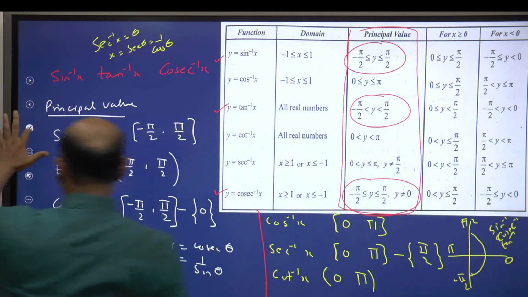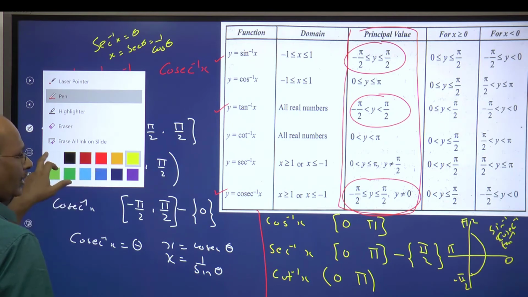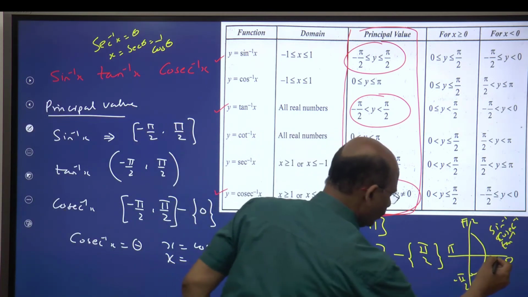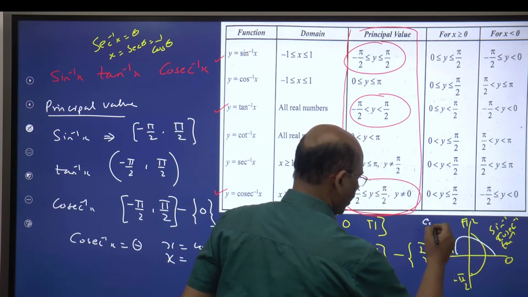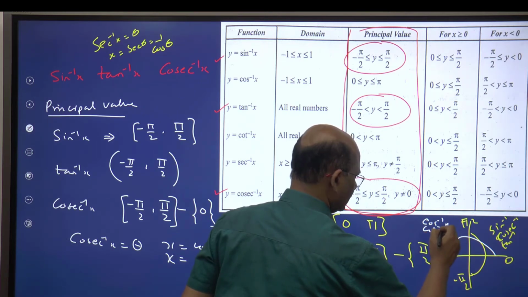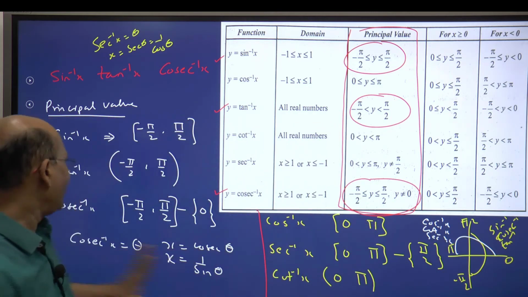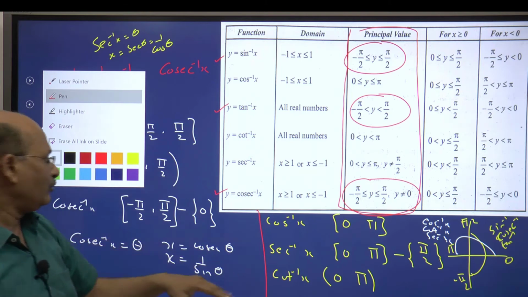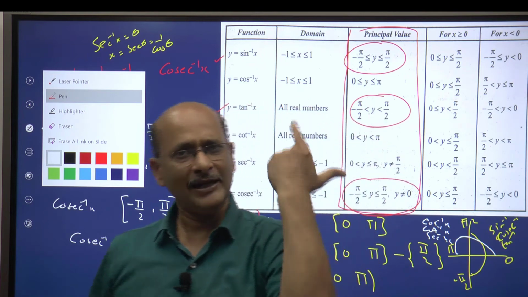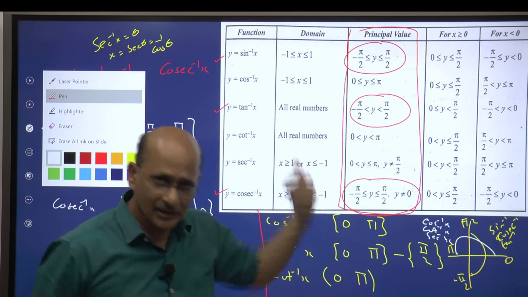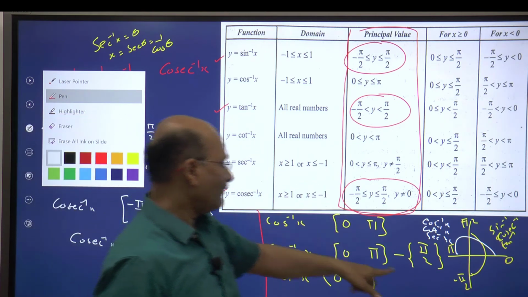And if you look at the other side, 0 to pi, it is nothing but cos inverse, cot inverse and sec inverse. This is just for your understanding, I don't want you to learn that part. What I am trying to tell you is minus pi by 2 to pi by 2 happens for sine inverse, cosec inverse and tan inverse, and for the other three ratios, cos inverse, sec inverse and cot inverse, the principal values are from 0 to pi.